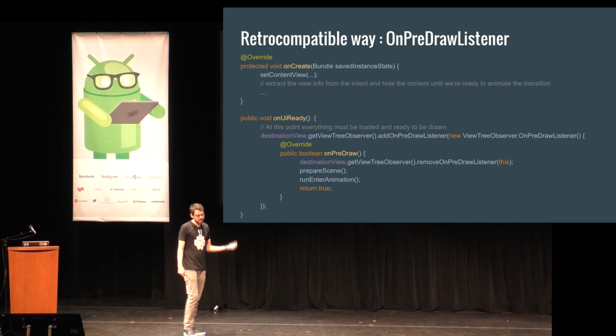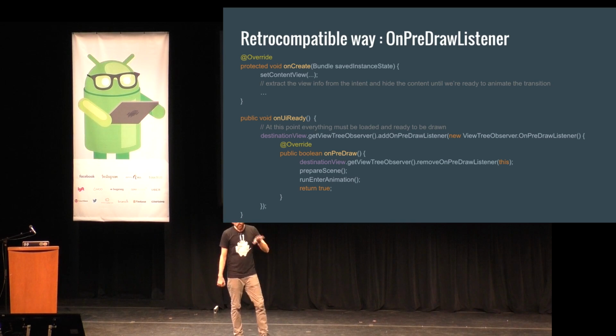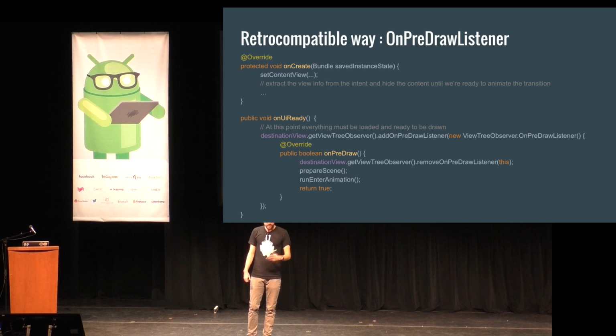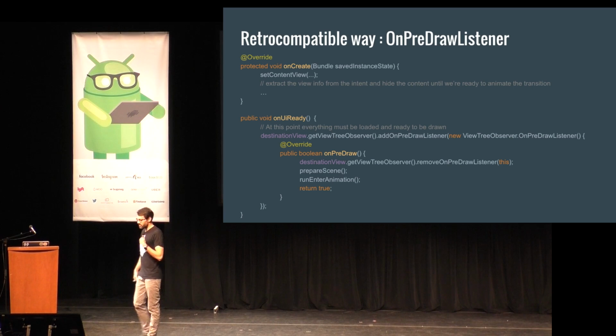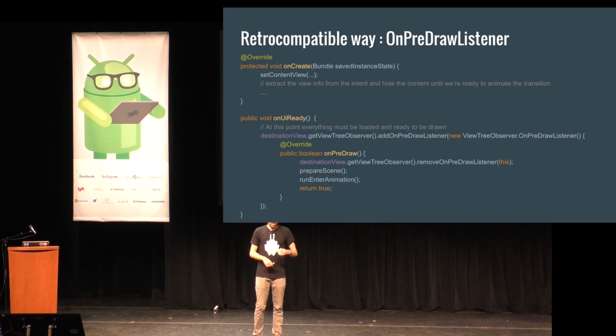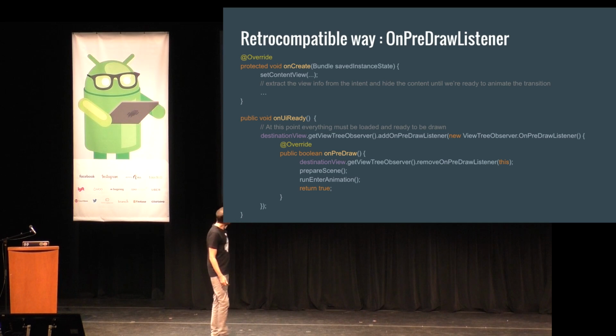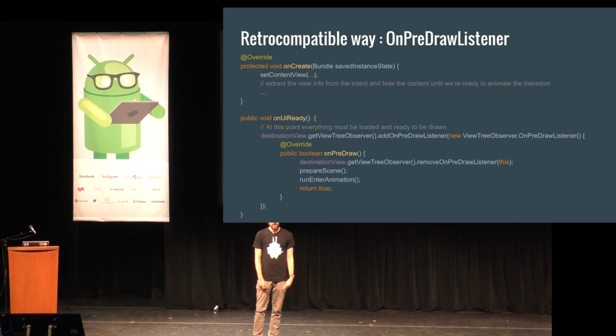And here, this is a common trick when you do animations. You don't start the animation right away. Does anyone know why? Do you have any idea why I don't start the animation right away? Well, that's because of how the layout system works. If I start the animation right away and I need to do any calculations with the width and height of the views, at this point, it's not laid out yet.